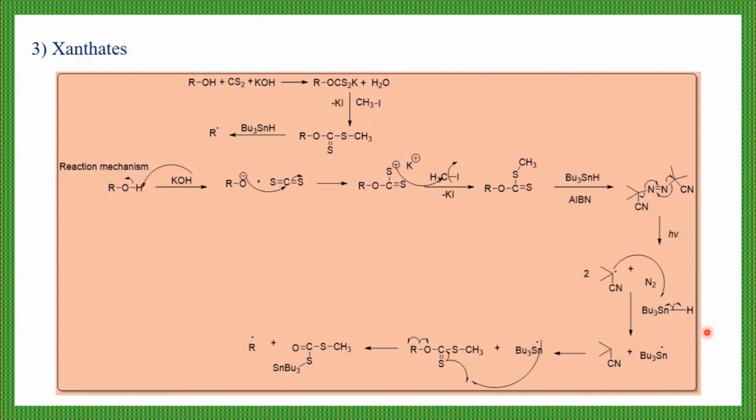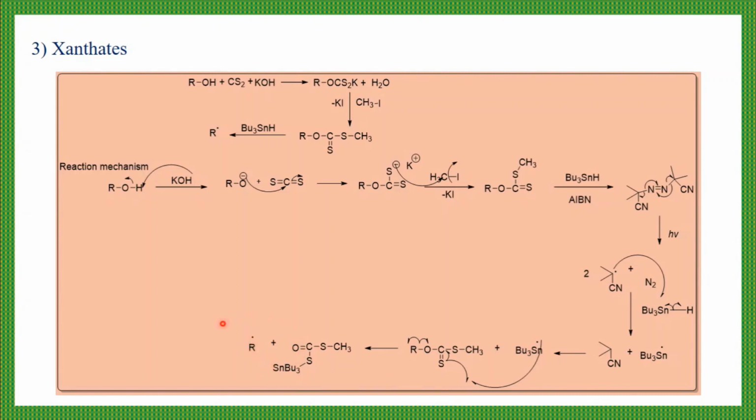It generates hydrogen radical, and the hydrogen radical reacts with C radical, and you will get the neutral molecule, and it generates tributyltin radical. Tributyltin radical again reacts with your xanthate, and the homolysis of this C double bond S takes place, so it generates S radical and C radical. In the same way this RO bond undergoes homolysis, generating R radical and O radical. So the O radical forms a bond with this C radical, and the S radical forms a bond with this tributyltin. You will get this product and generate R radical.